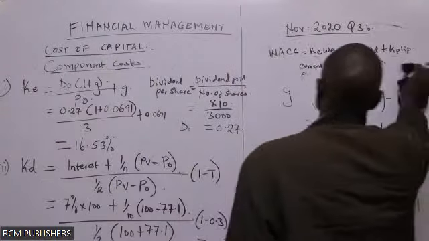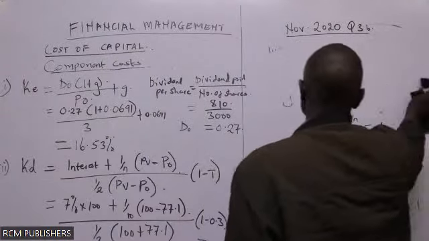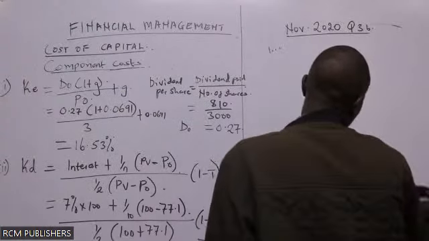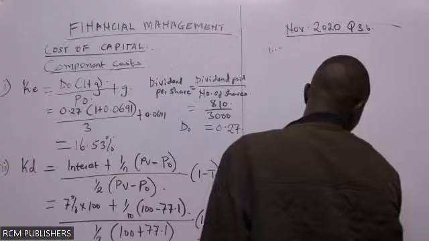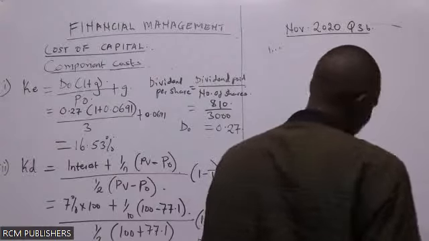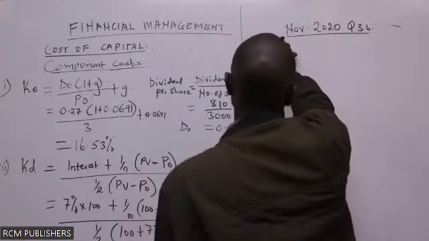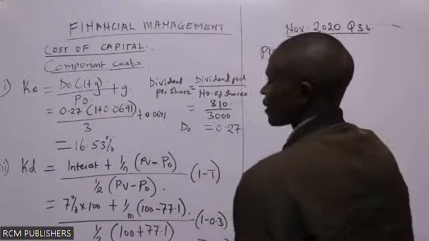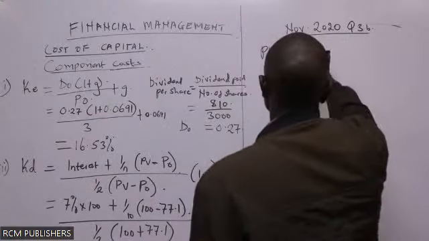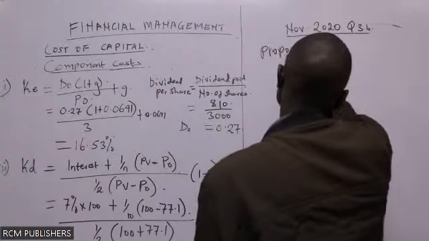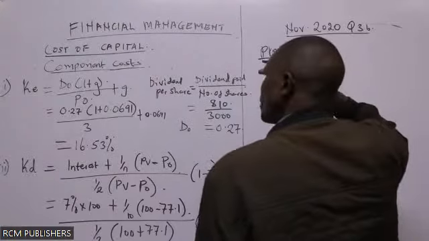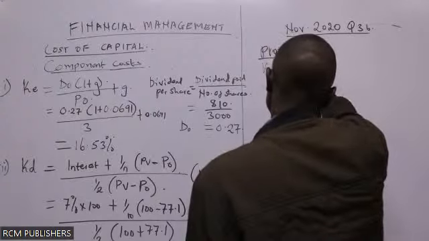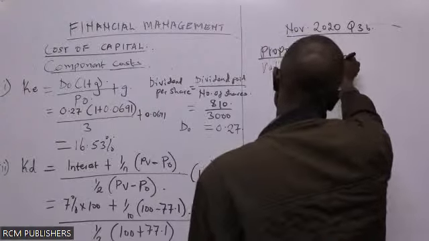With that, I know that I'm now able to compute the proportion. What is the value of the proportions? I only have these two components. I don't have the preference share, therefore I go to the proportions. To get the proportion, I need the value of ordinary share.